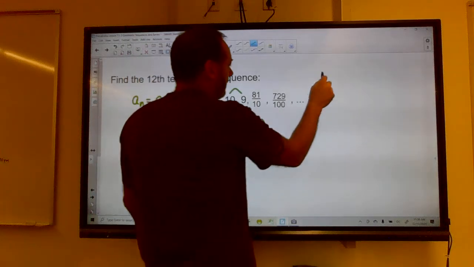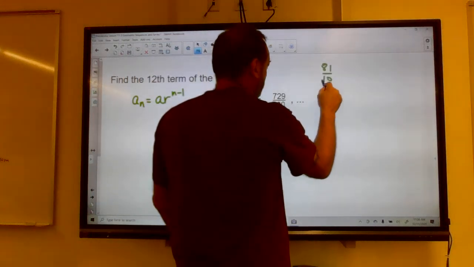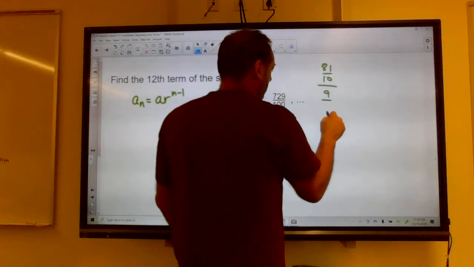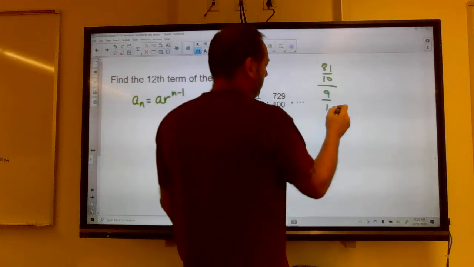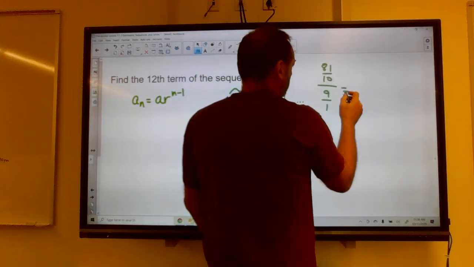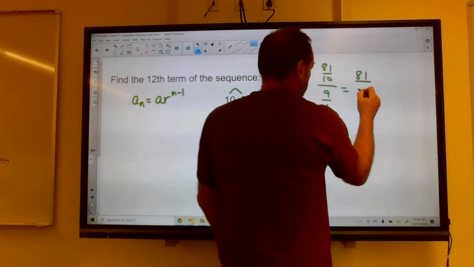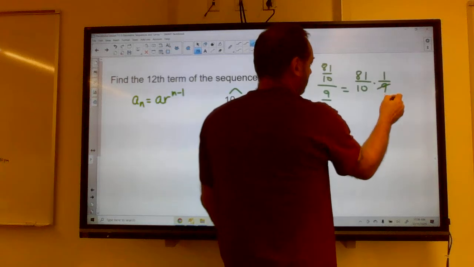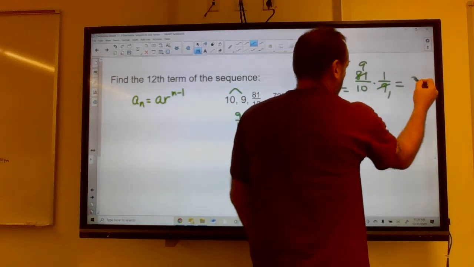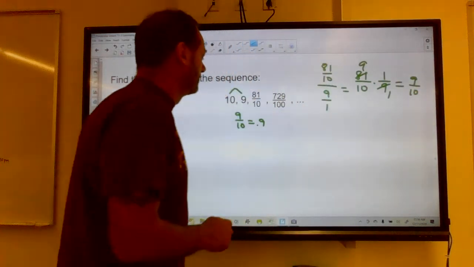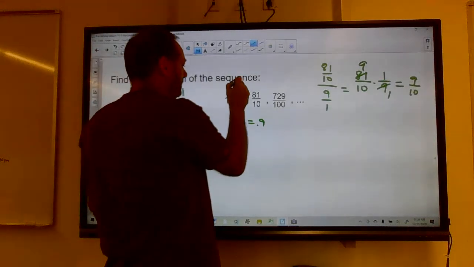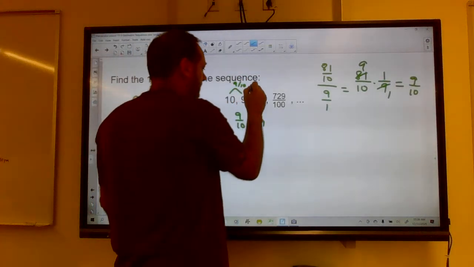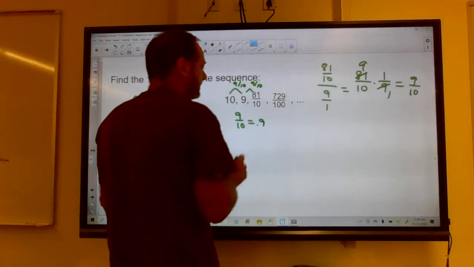But if I take 81 tenths and divide that by 9 over 1, remember I invert and multiply. So that's 81 tenths times 1 over 9. And that's going to cancel with that, and I get 9 tenths. Okay, so the ratio here is 9 tenths.